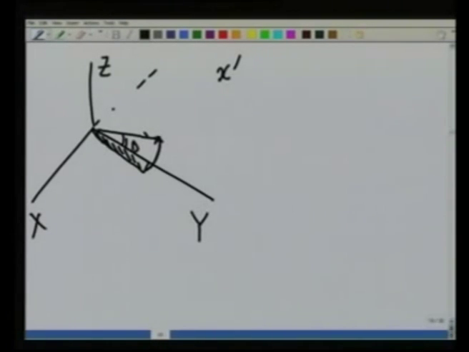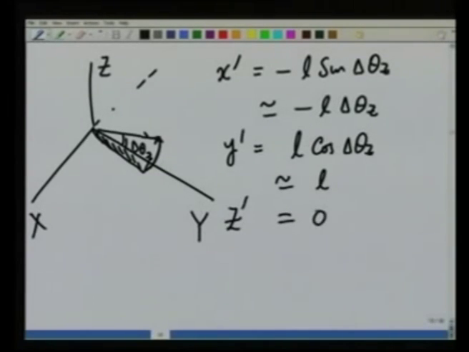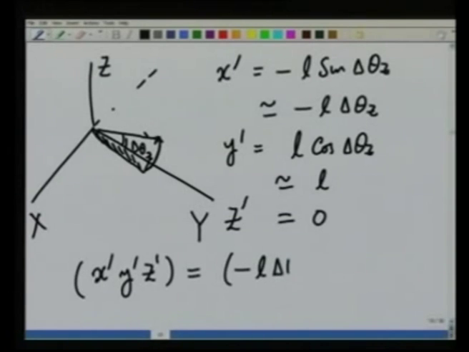This is delta theta z, is going to be minus L sine delta theta z, which is roughly equal to minus L delta theta z. Y prime is going to be L cosine of delta theta z, which is roughly equal to L. Since this is a rotation about z axis, z prime remains unchanged. So, after the first rotation about the z axis, I have x prime, y prime and z prime equal to minus L delta theta z, L comma 0.